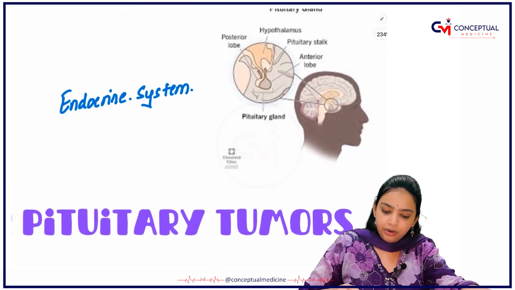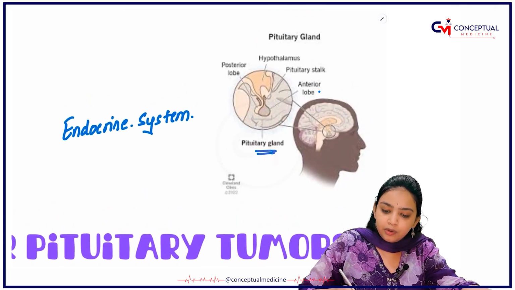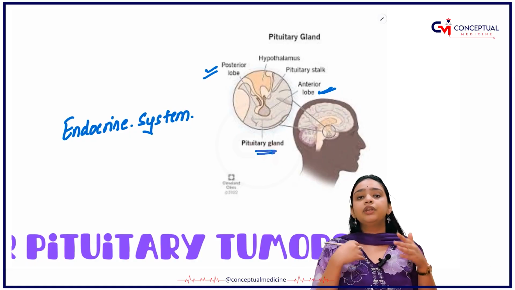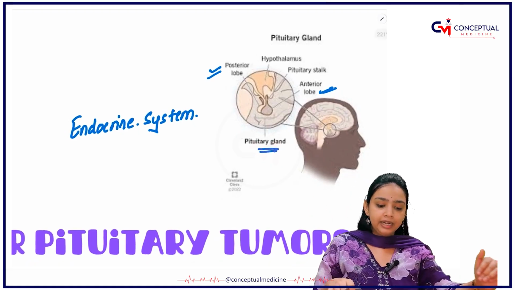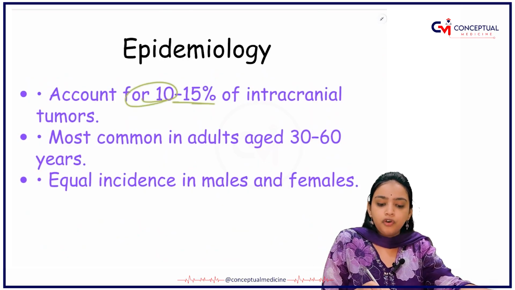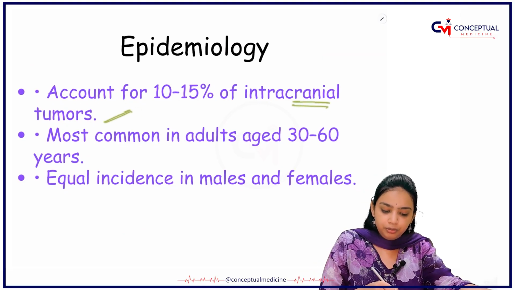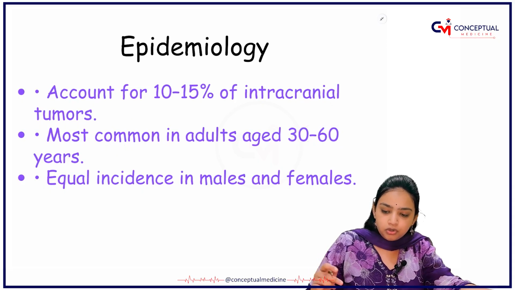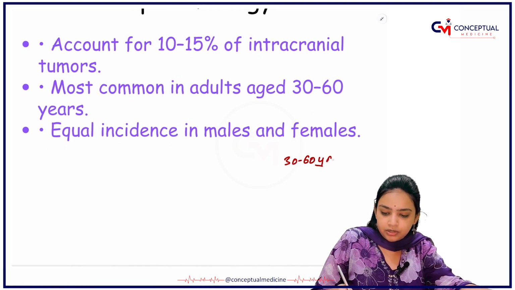See this figure. Over here, you have your pituitary gland, right? Then you have the anterior lobe and the posterior lobe. The pituitary is divided into two lobes. If I talk about the epidemiology, it accounts for almost 10 to 15% of intracranial tumors, most common in people at the age of 30 to 60 years.